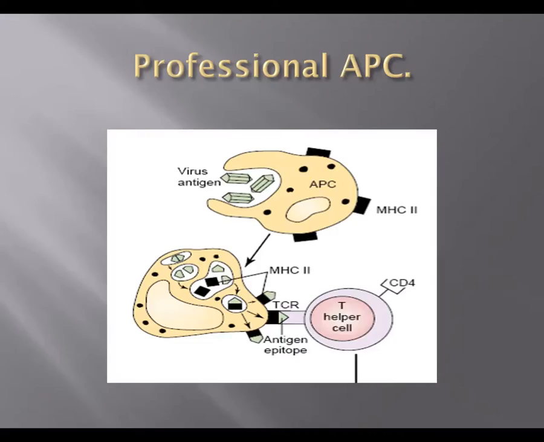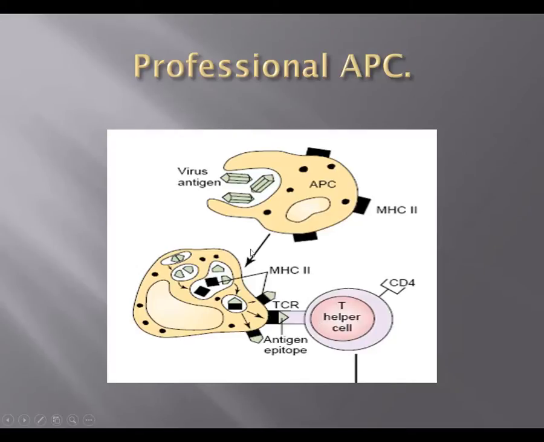Okay, so an antigen enters the body and is phagocytized by the macrophages or dendritic cells. And inside these cells, in this phagosome, the antigen is attached to the MHC type 2 complex, and it is presented on the surface of the cell to the T and the B cells.